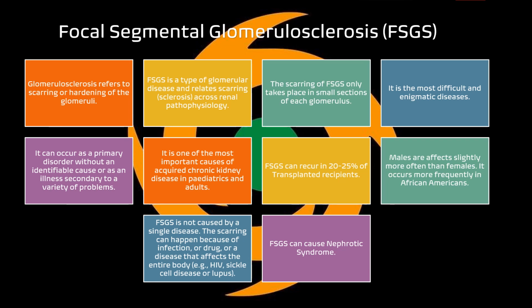The scarring of FSGS takes place in and around, for example, afferent and efferent arterioles. The scarring also takes place in small sections or small parts within the glomerulus.